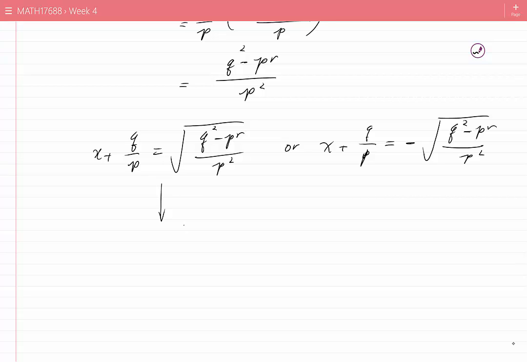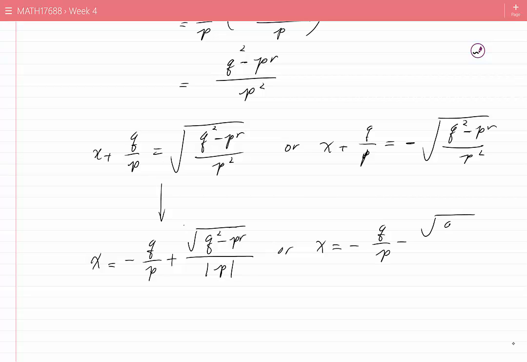Take the q over p in the first equation to the other side and split the root to the numerator and the denominator on the right hand side, and you would get x is equal to minus q by p plus root (q squared minus pr) over the absolute value of p. And on the right hand side you would get, in the same way, minus q by p minus root (q squared minus pr) over the absolute value of p.